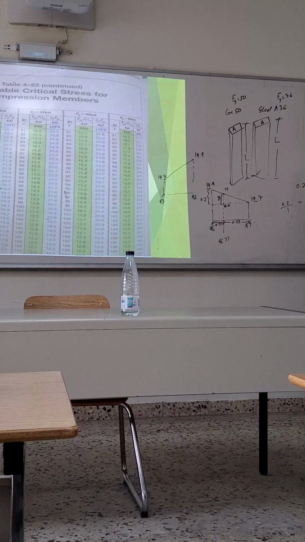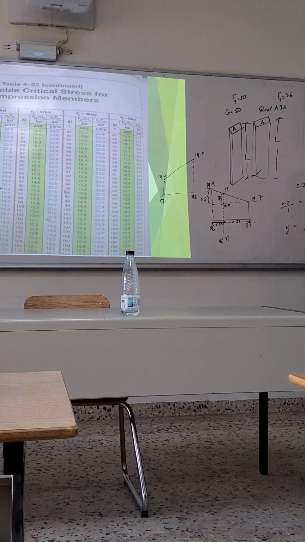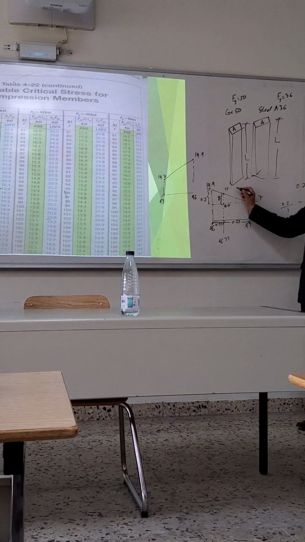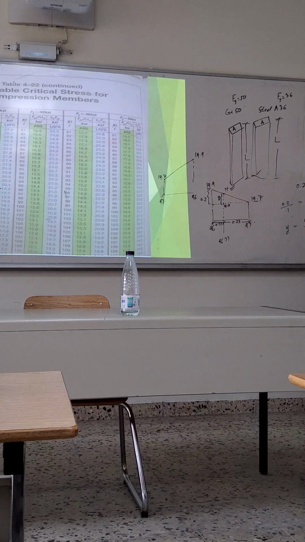You will get y as 0.2 into 0.23, and then add it to 19.7. Once you get the value of y, you will add it here and get this number. This is your simple linear interpolation.